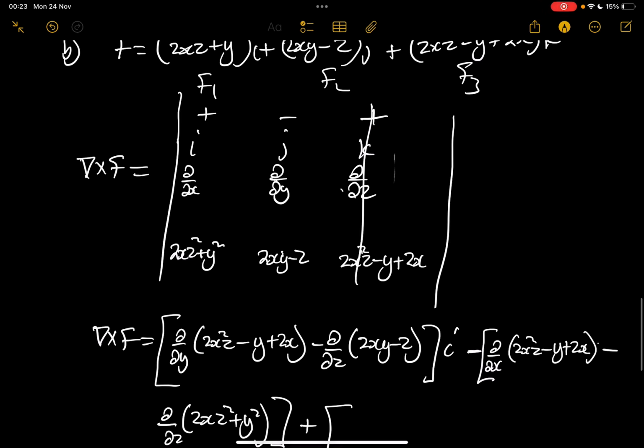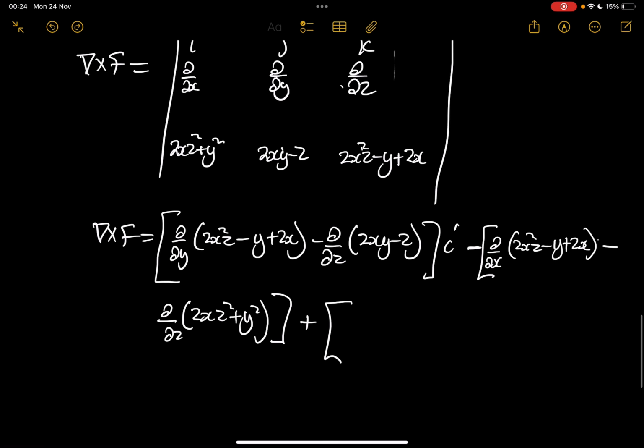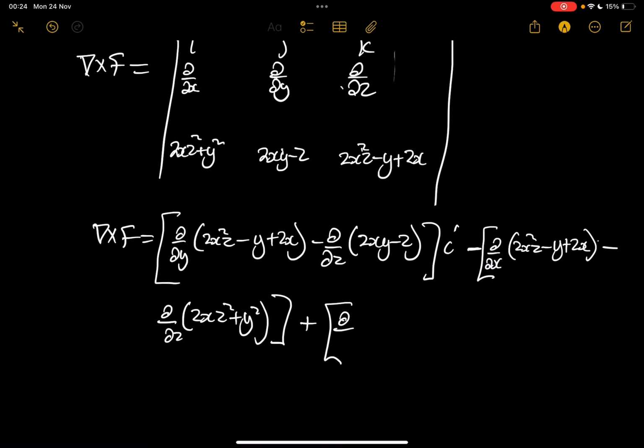Now we close this and multiply those, and we have del x of (2xy minus z) minus del y of (2xz squared plus y squared), and then this is k.